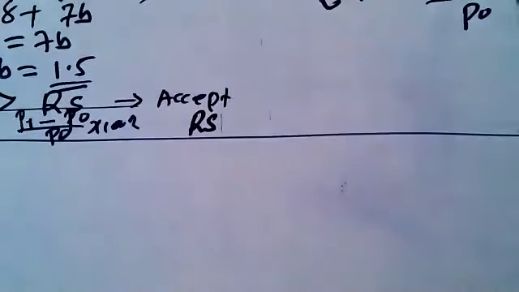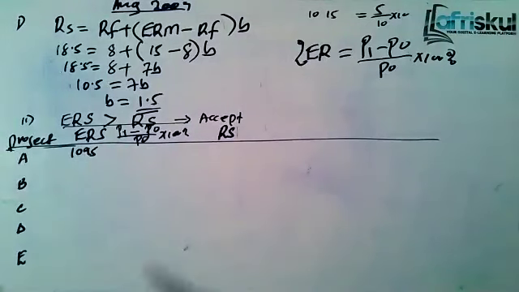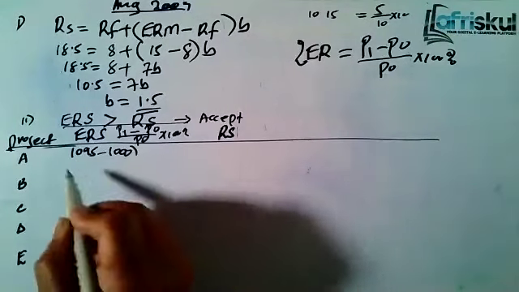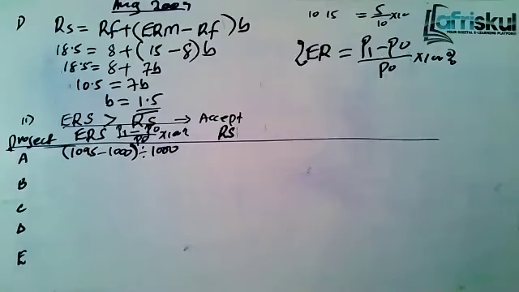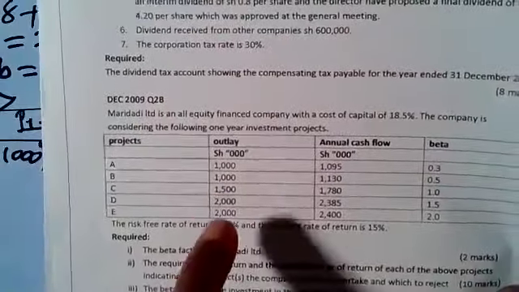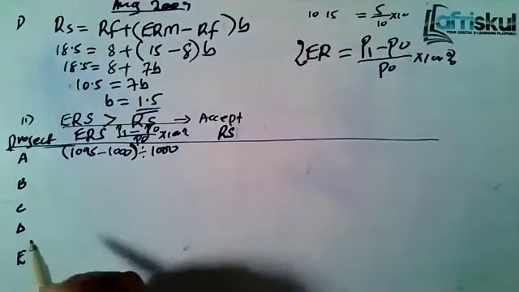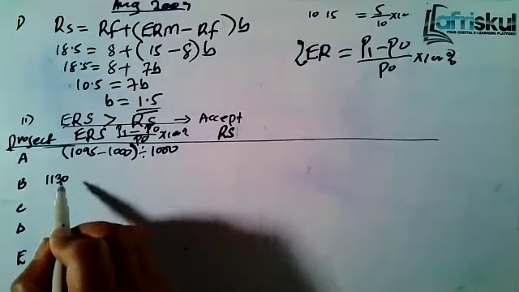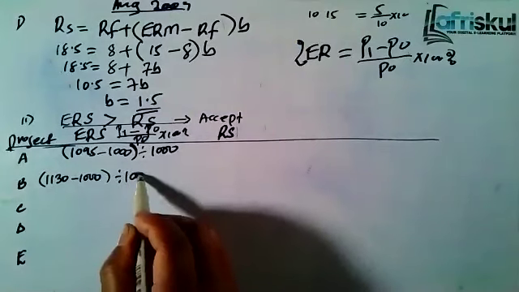So this is what I mean. For project A, you take P1, which is 1095, minus P0, the outflow, which was 1,000. You get the change, and then you divide by P0, the 1,000 you had invested. For project B, P0 is 1,000 and P1 is 1130. So you take 1130, minus the initial investment of 1,000, then divide by 1,000.